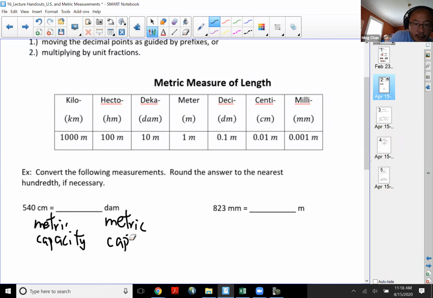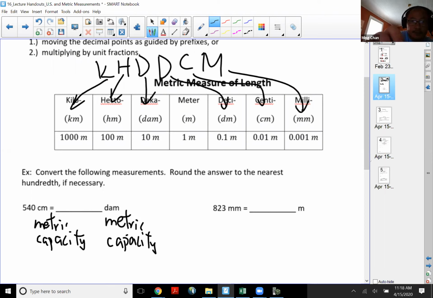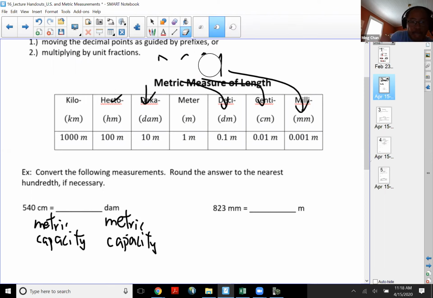We look at this chart. You probably heard people say, you know, King Henry died drinking chocolate milk, something like that. So that's what they stand for here. You probably heard of that. All right, so to move decimals, you need to determine where you're starting.